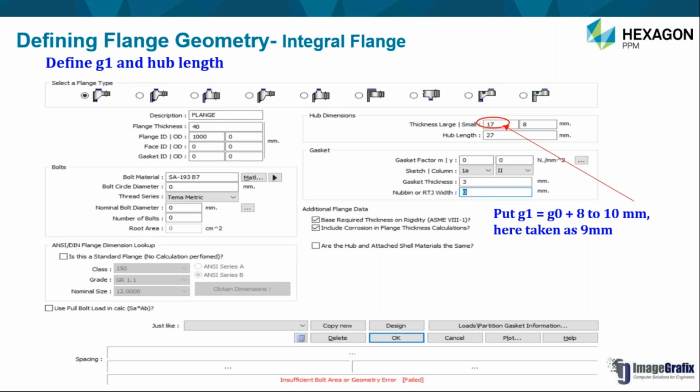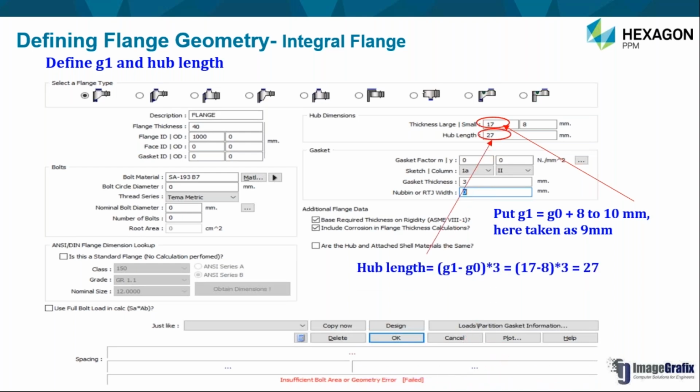But there is one more code requirement: the hub length should not be less than 1.5 times G0. Since we assumed G0 as 8 mm, the hub length should be at least 12 mm. This 12 mm divided by 3 gives 4, so we can have the large end hub thickness as 12 mm, an overall difference of 4 mm.